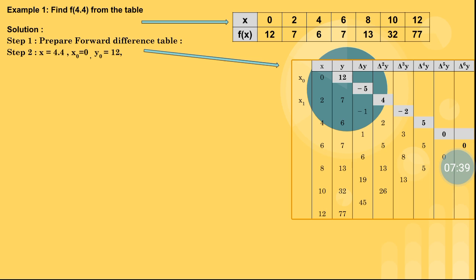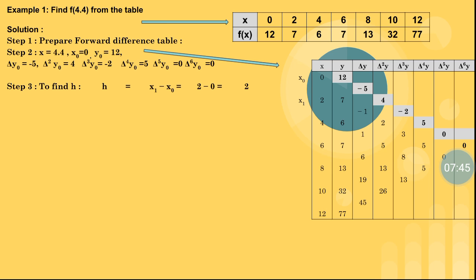Then all the highlighted ones are the values of your del. Then h, you can see the difference between 0, 2, 4, 6, 8, 10, 12, is 2. Find the value of p. x given to you in the question, 4.4 minus x0, which is 0, upon 2, that is 2.2.